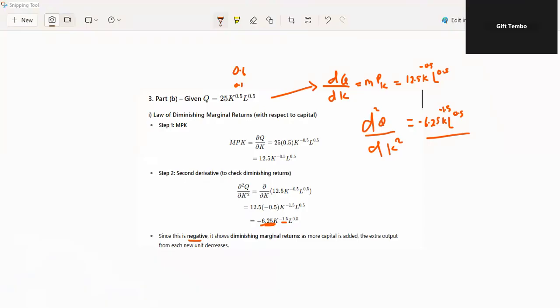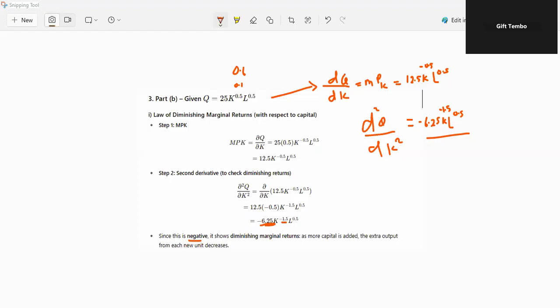So to ascertain whether there's a law of diminishing returns, you need to differentiate twice. The first derivative we found was 12.5K^-0.5 L^0.5. That first derivative simply means that for any given level of labor, if we increase capital, output will rise, but it will depend on the K^-0.5 factor, which means it will decline as K becomes bigger. When we do the second derivative, we found negative 6.25, K^-1.5 and L^0.5.